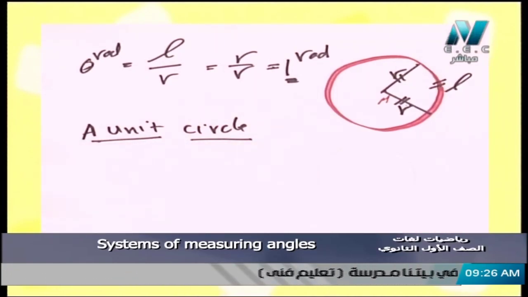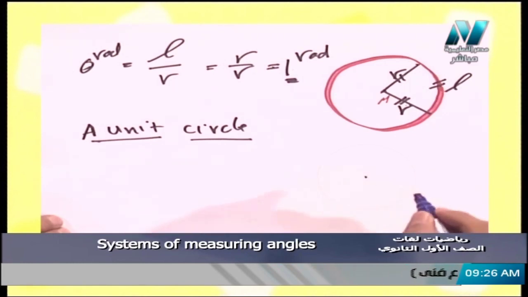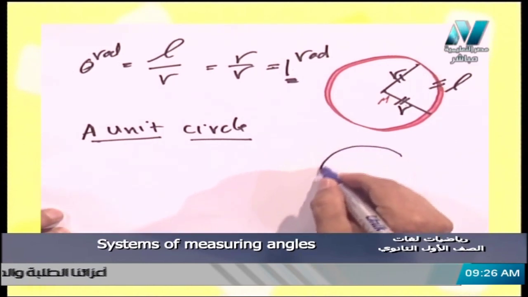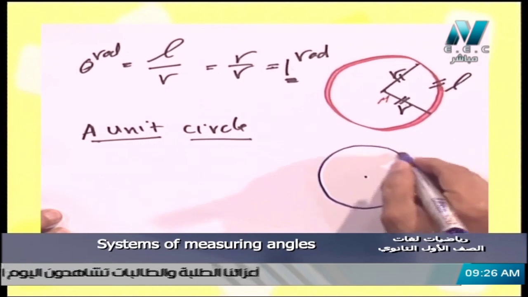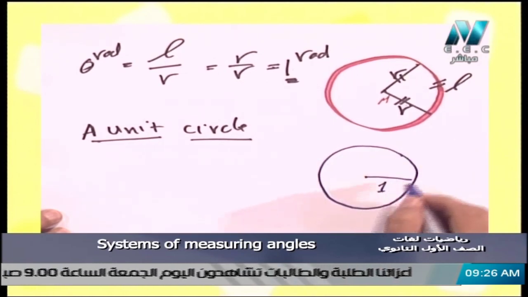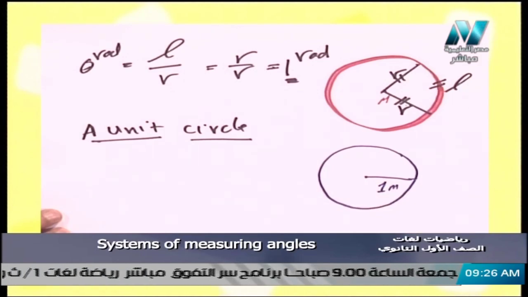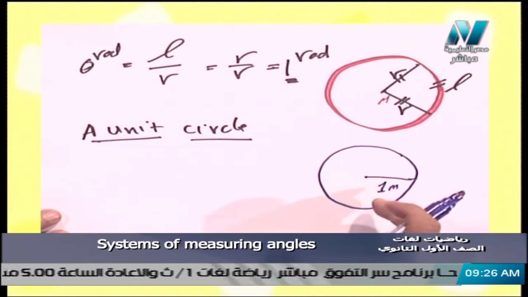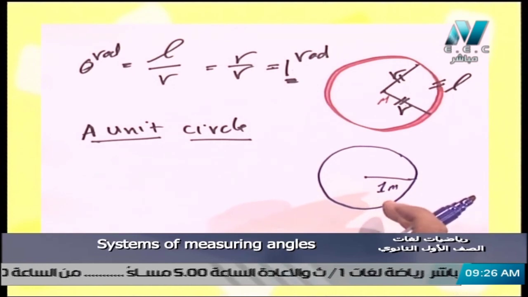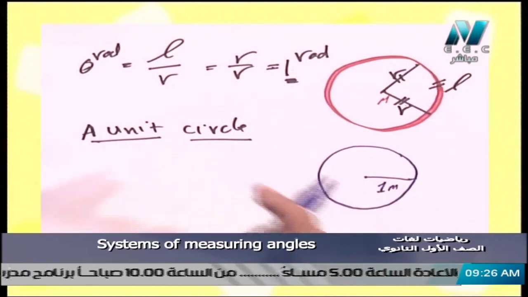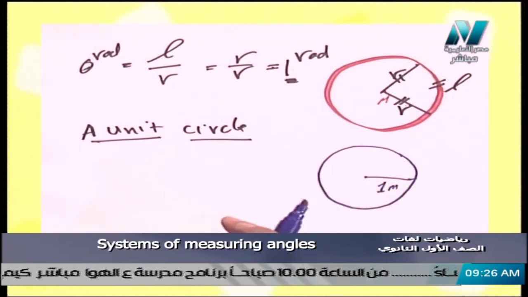So here we have a circle and its radius equals 1 centimeter, 1 meter, any one. If we have this circle and its radius equals 1, we call it a unit circle.